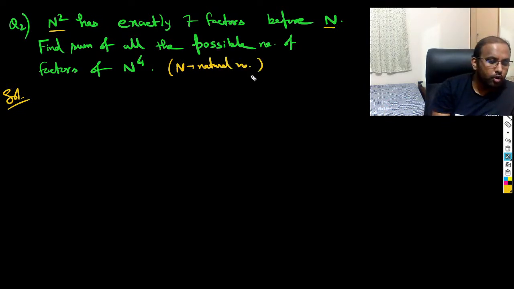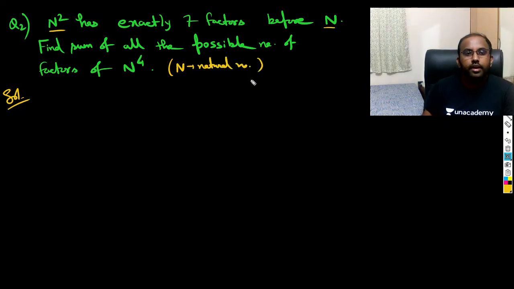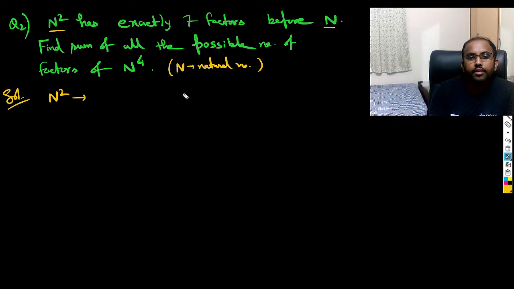Okay. So now basically, if n square has exactly 7 factors before n, find the sum of all the possible number of factors of n raised to 4. So basically, n square has factors, and if you write all of them in ascending order, then n will be the middle value. Exactly 7 factors before n means exactly 7 factors after n also, right? You can check with an example here, guys.